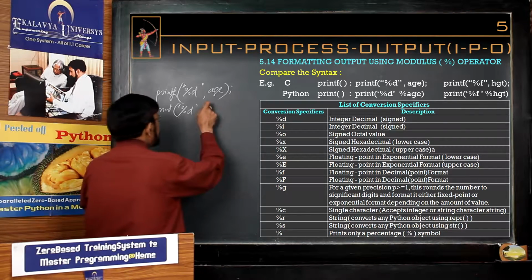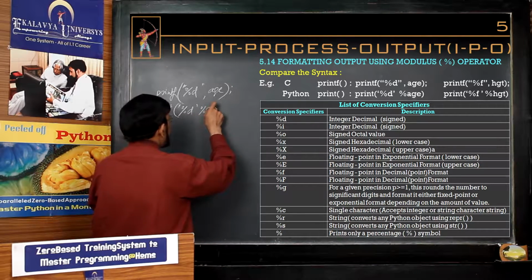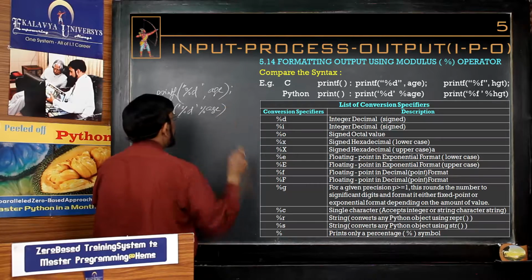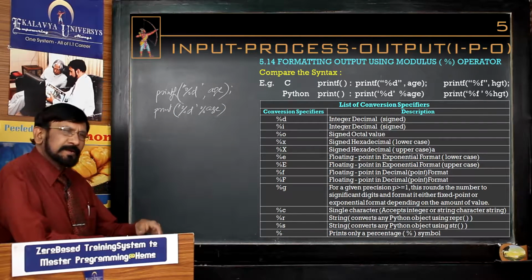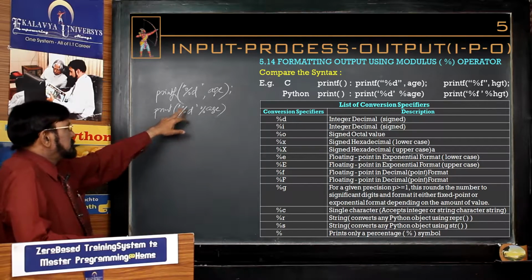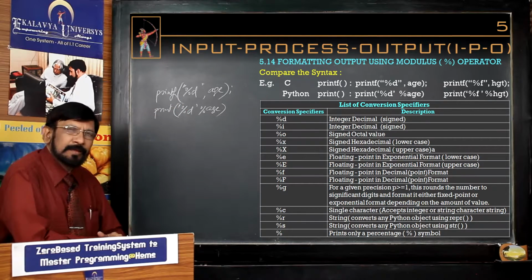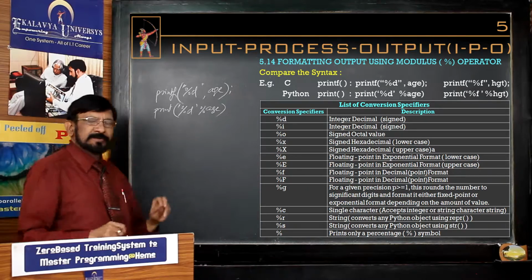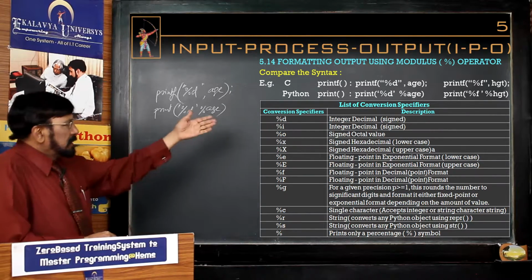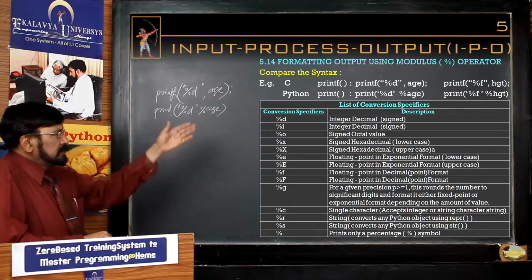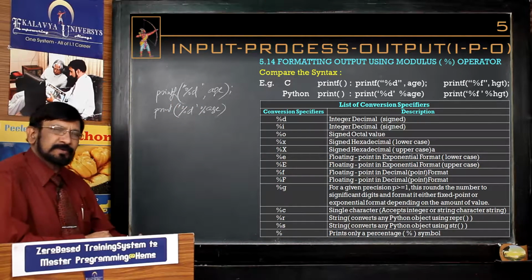Now, if you didn't study C, you may doubt what %d is. You see that %d is called a conversion specifier. Here I have given a table that provides the list of conversion specifiers.